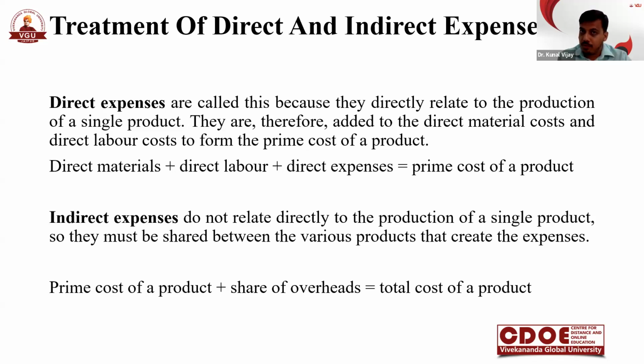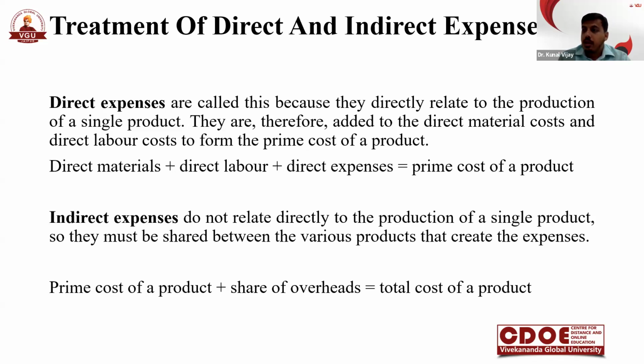There are different types of overheads: production overhead, non-production overhead, and selling overheads. So prime cost plus overheads, production overhead and non-production overhead, is commonly known as total cost. So if we add the share of overheads to the prime cost, it is known as the total cost of a product.